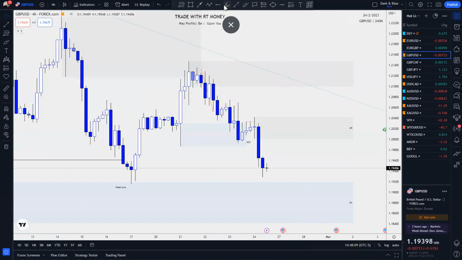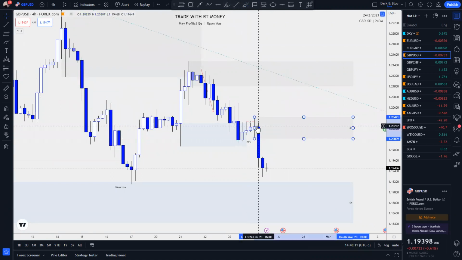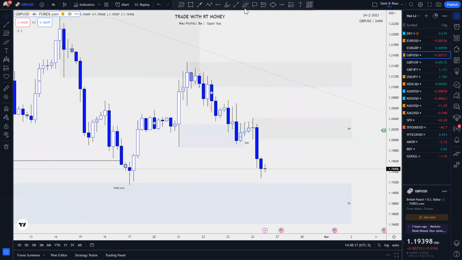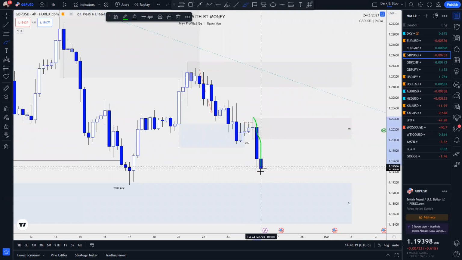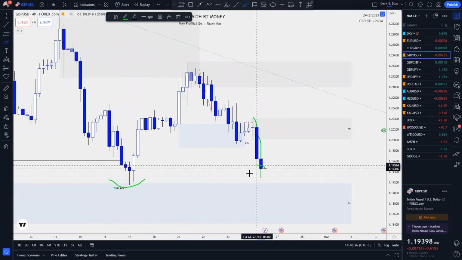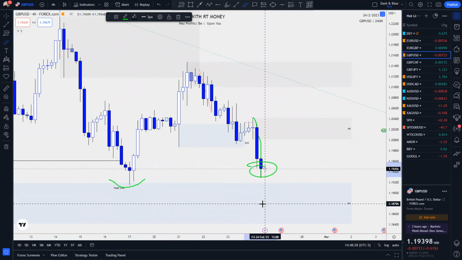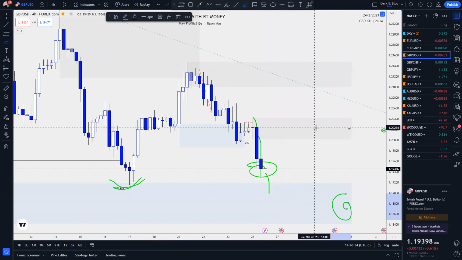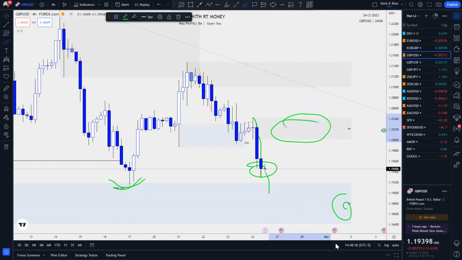All right. This was an impulsive move to the downside. If price comes down here from where it left off on Friday, takes out this low and mitigates this zone, this becomes a less high probability trade.